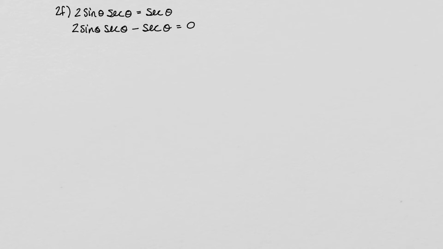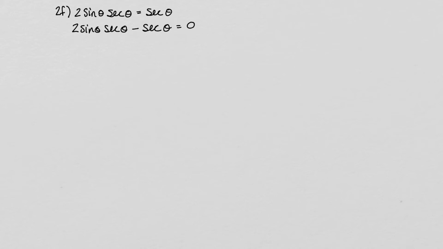Okay. Somebody asked for part F, which is 2 sine theta secant theta equals secant theta. So any of these problems, I'm always going to pull all the trig stuff over to one side. So we're going to have 2 sine theta secant theta minus secant theta equals 0.